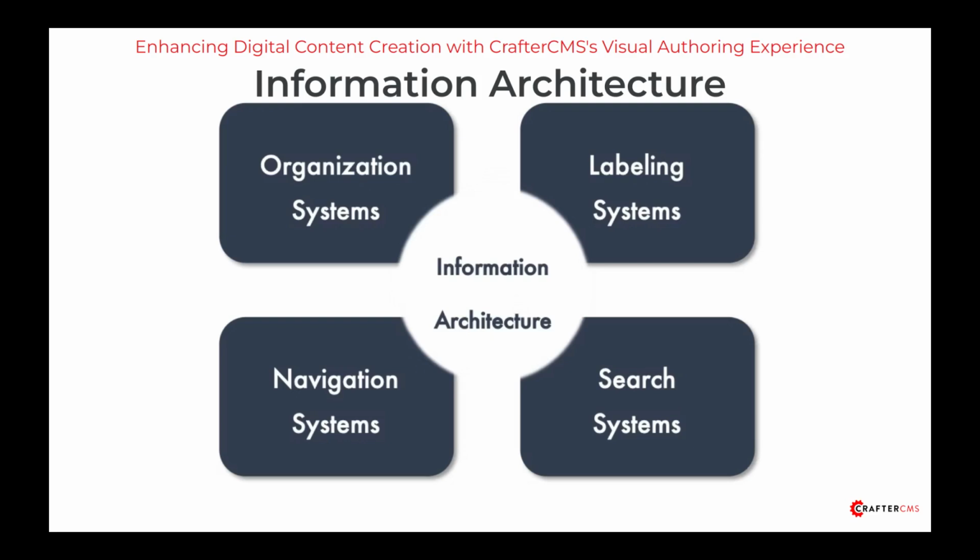You could see a very brief example of labeling systems and taxonomy when we looked at the targeting and so on. You can see how search just pervades every aspect of Crafter Studio. All of the little interfaces have search built into them and filtering to make it easy to find your content.